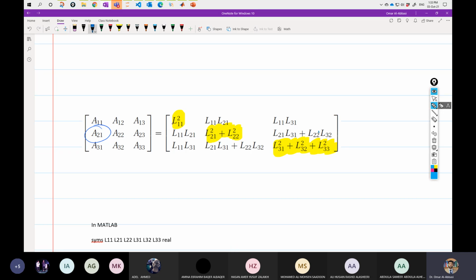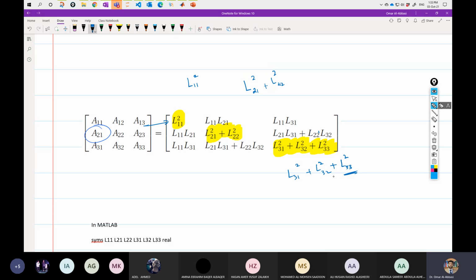What's happening? Can you see that for row 1, it is L11 squared. For row 2, L21 squared plus L22 squared. For row 3, L31 squared plus L32 squared plus L33 squared.